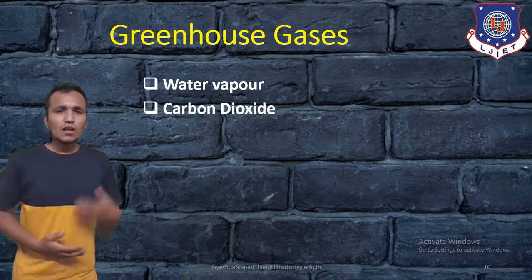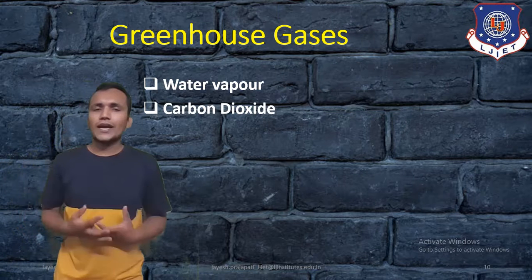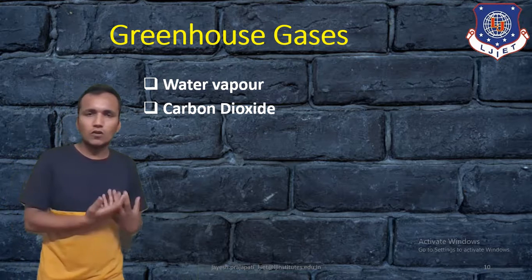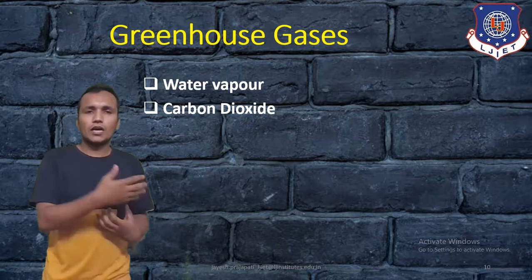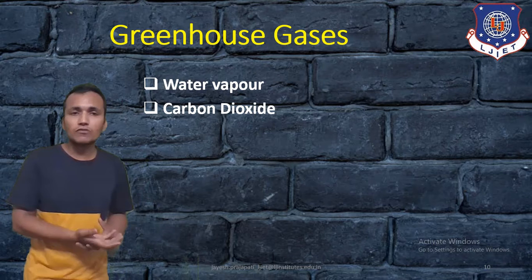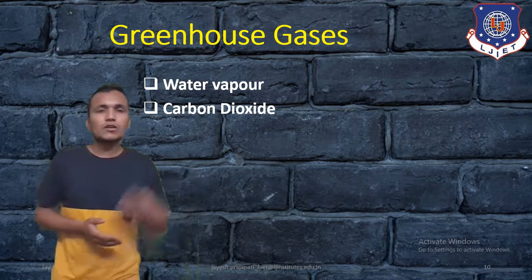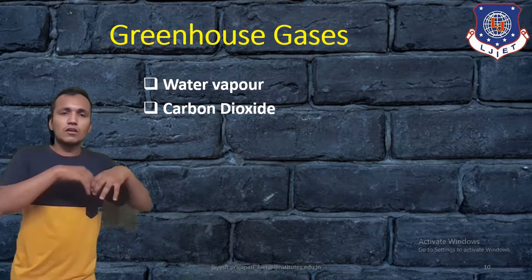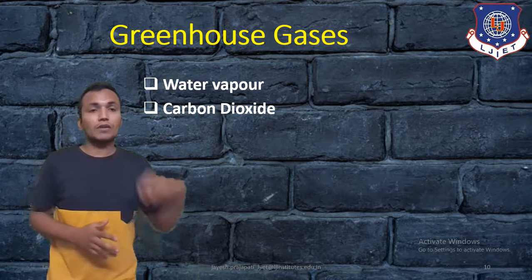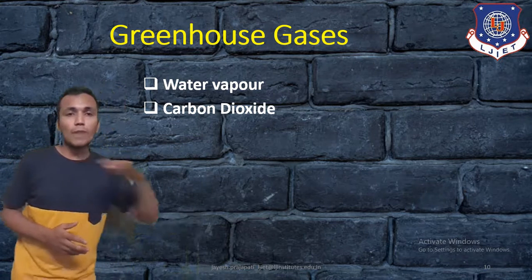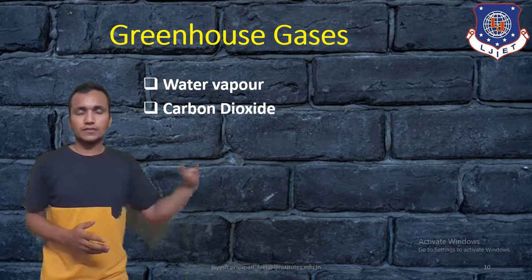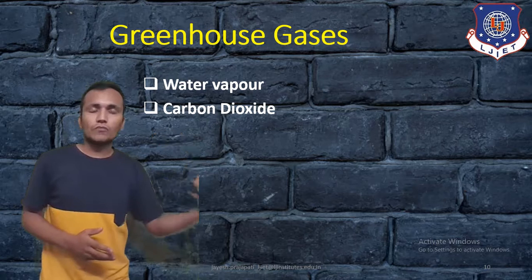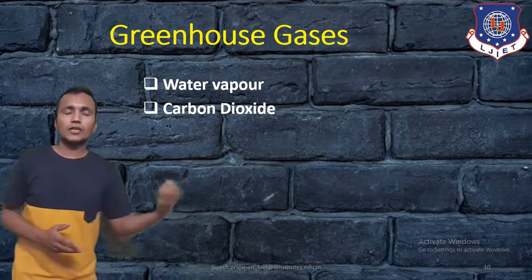Then carbon dioxide: in our respiration process, we take in oxygen and give out carbon dioxide in the atmosphere. If CO2 is more in the atmosphere, it will have more effect, because we have to balance the greenhouse gases. CO2 can also be generated by burning.